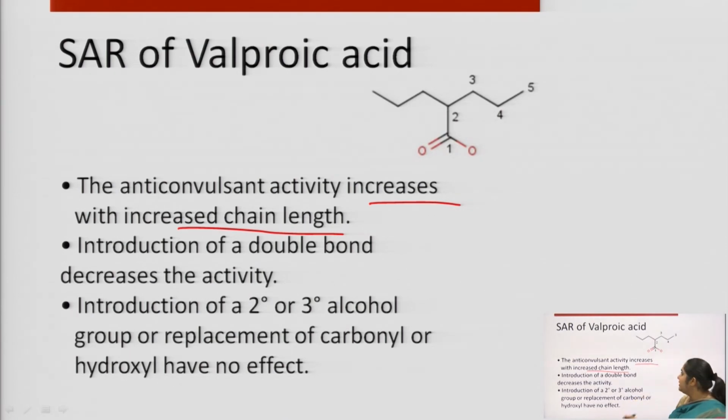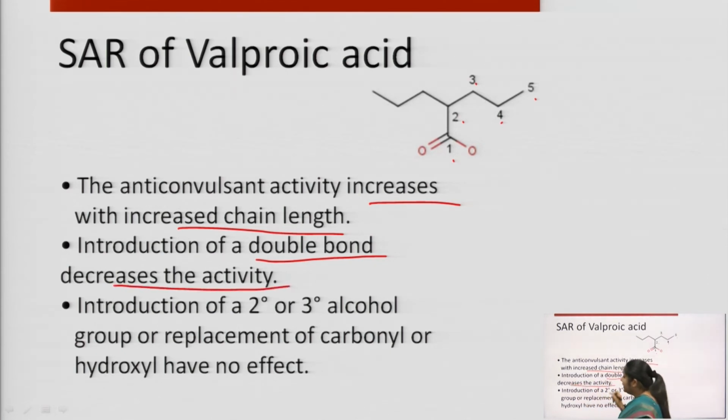Suppose we have a 5 carbon atom chain and want to increase the chain by putting more substituents in valproic acid; that will increase the activity. But when we introduce any double bond in this chain, that will lead to a decrease in the activity.